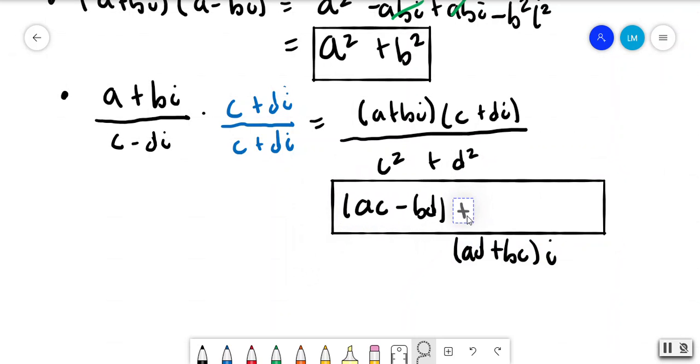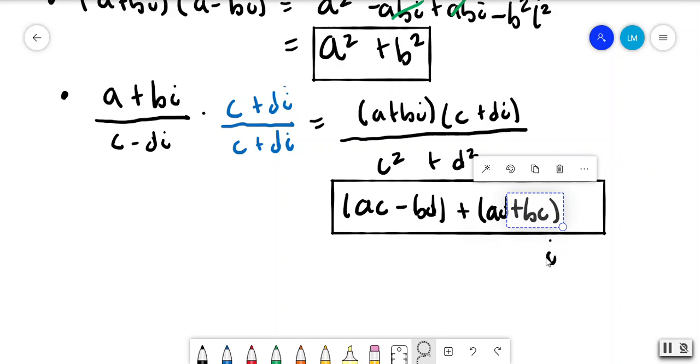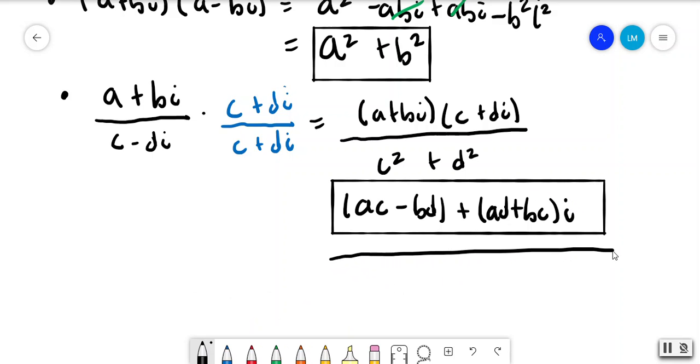That's funny that it's not letting me grab the whole thing. It missed the dot. Let's just dot it ourselves right here. Okay, dot. So this is all divided by c squared plus d squared.